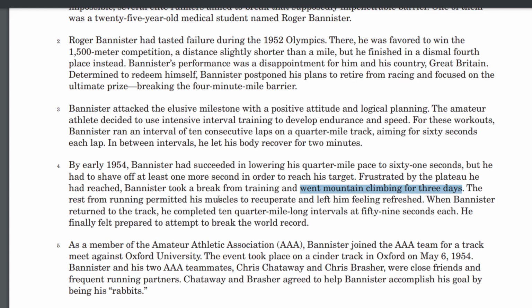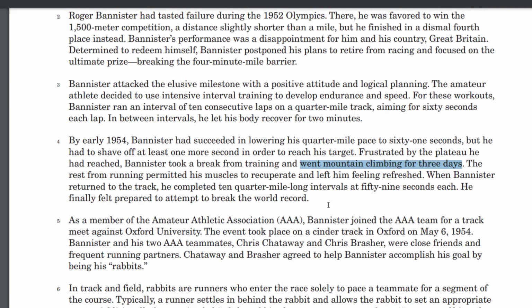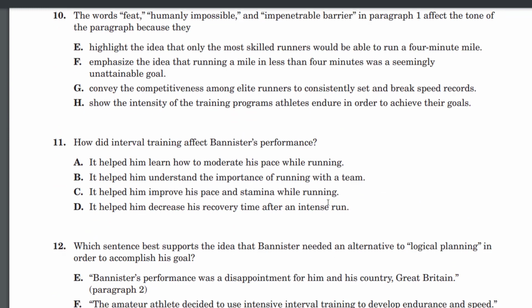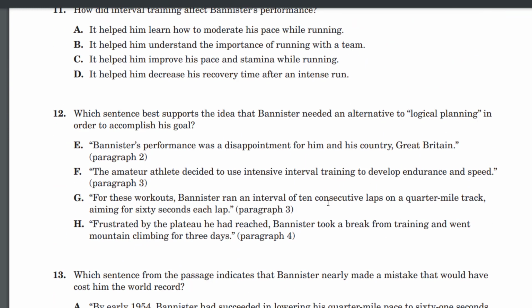The rest from running permitted his muscles to recuperate and left him feeling refreshed. When Bannister returned to the track, he completed 10 quarter-mile-long intervals at 59 seconds each. So he beat his goal. When? After he decided to take a rest and do something other than training. That would be his alternative to logical planning. And it worked. So let's see which answer choice matches that goal.